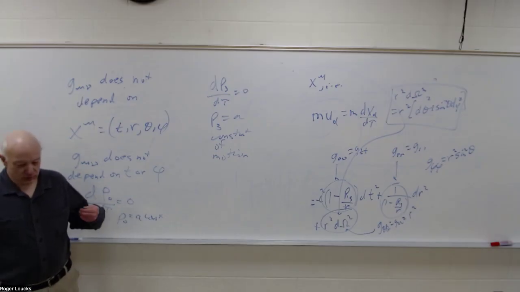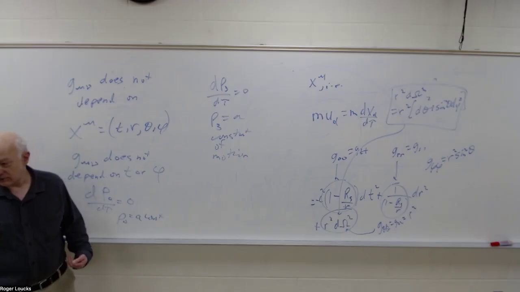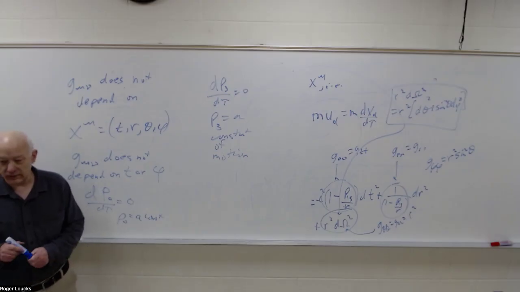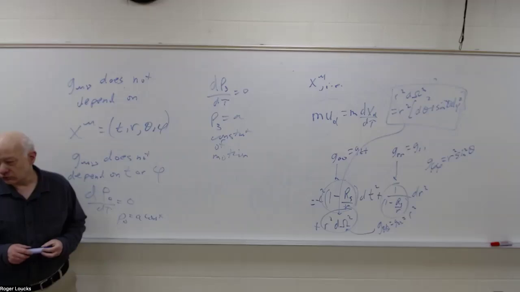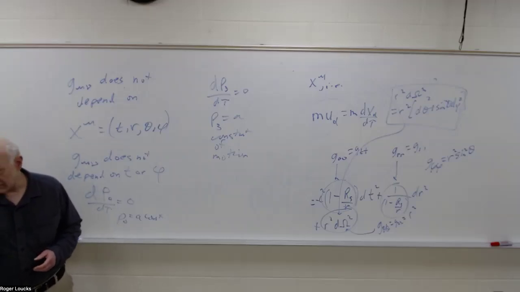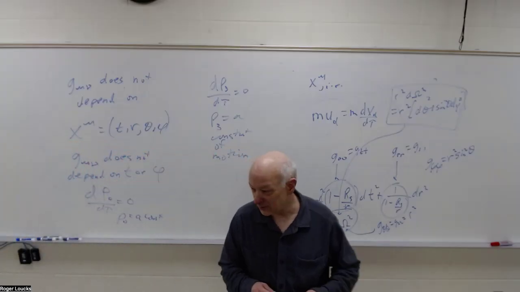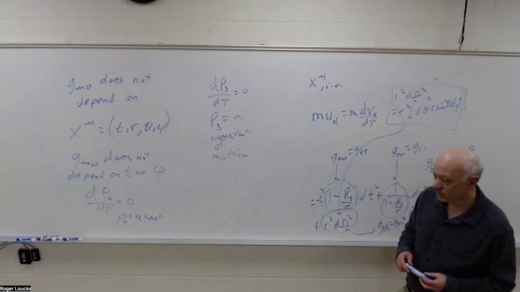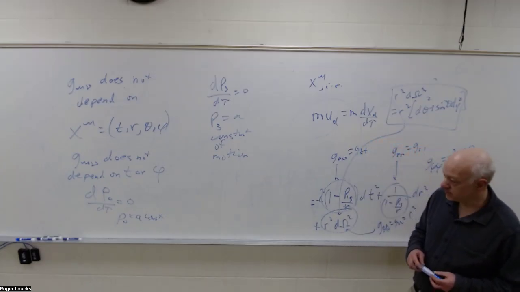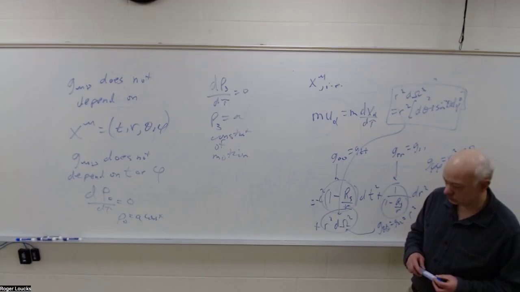Then I'll show you how this is connected to the Killing vectors, because it turns out the Killing vector we initially looked at seems a little cheap. But we get to use it again. Killing vectors are frequently used for this.